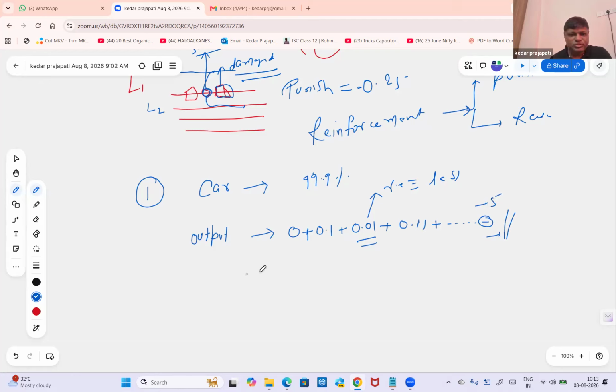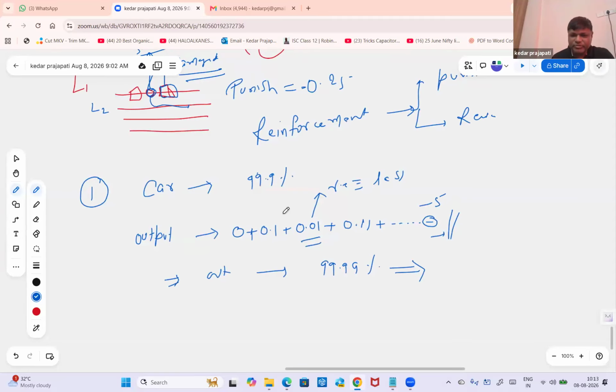So likewise, when your output, the sum of everything, reward and punishment, reaches around 99.99, maybe 100% precision, then only your model will behave properly, and you will be releasing this model to production, or in the live, to the market.